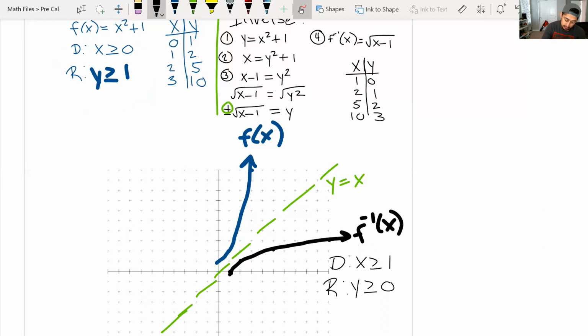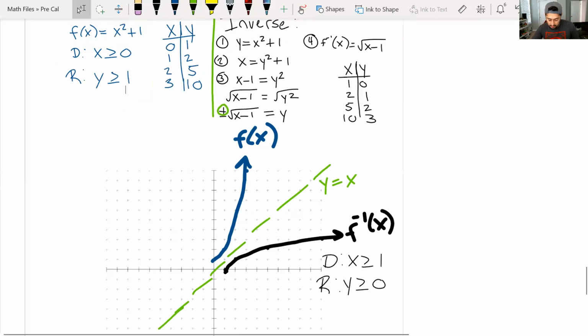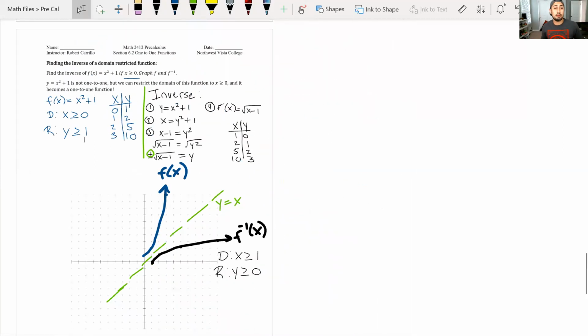And that's it. This was a nice refresher on inverses, and now we can apply it to section 8.1. All right, done.